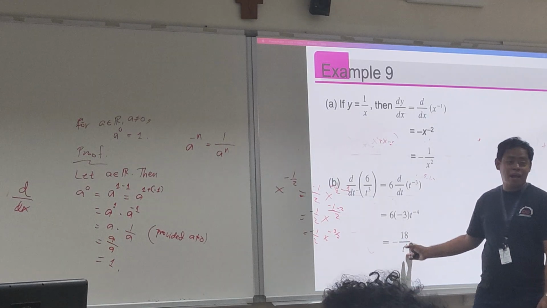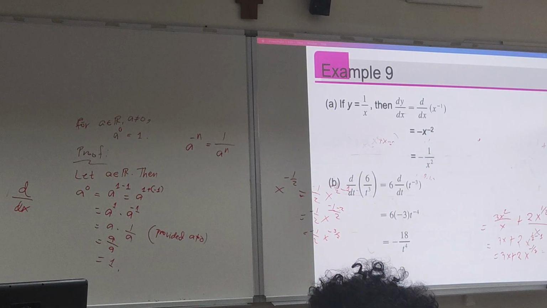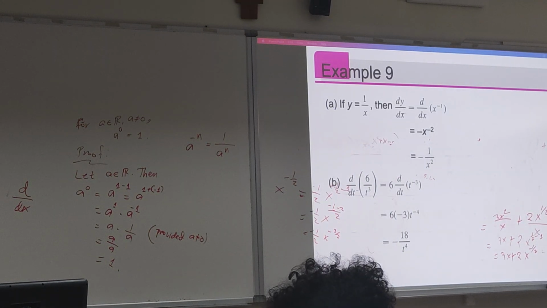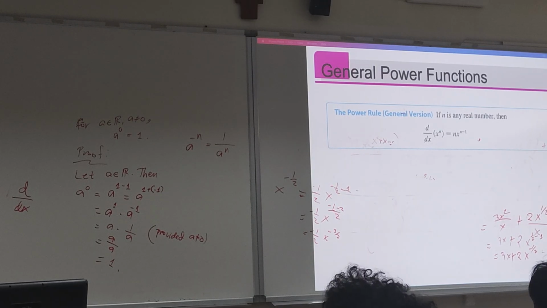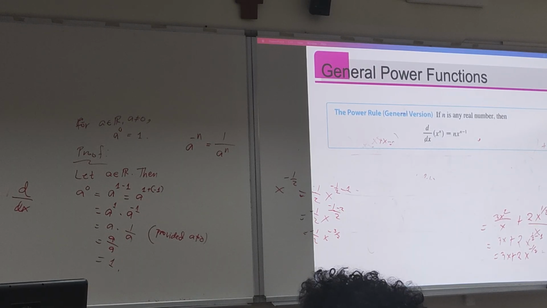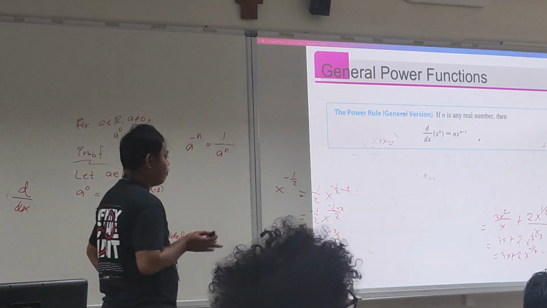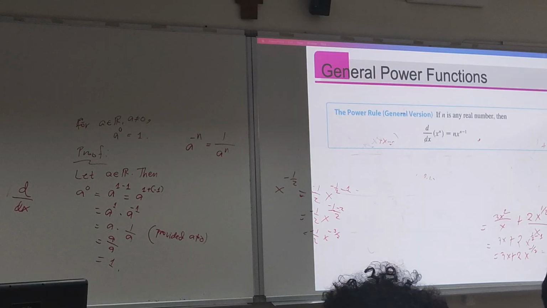As long as the final answer has no negative exponent. For the general version, n can be a fraction. So n is any real number, including rational numbers. This is just the general version.